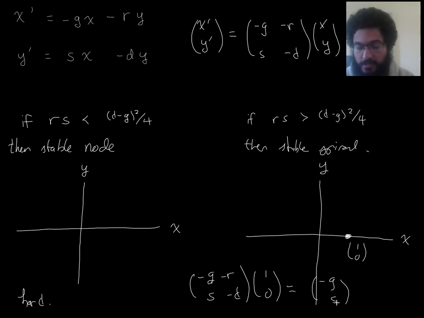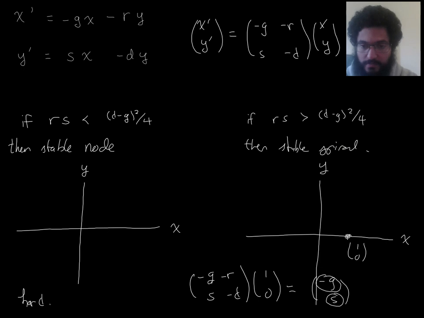Okay, g is positive and s is positive. So negative g, s is a vector that points to the left, since the first component is negative, and up, since the second component is positive. So it actually points something like that, as opposed to, you know, to the left and down, or to the right and down, or to the right and up. It points something like that.